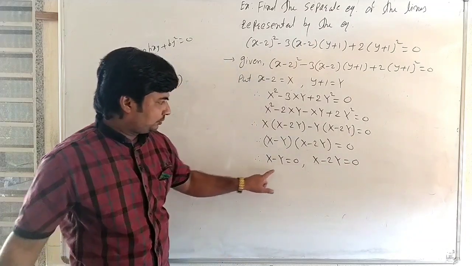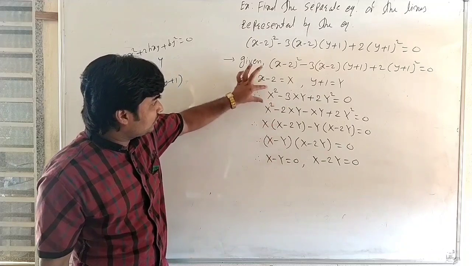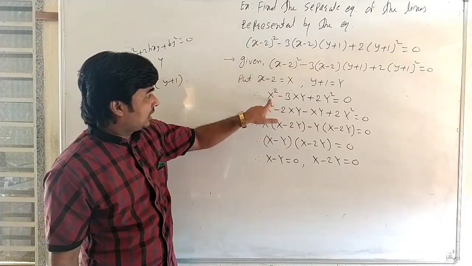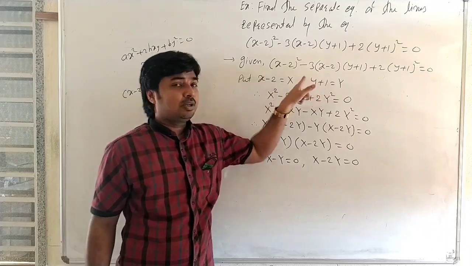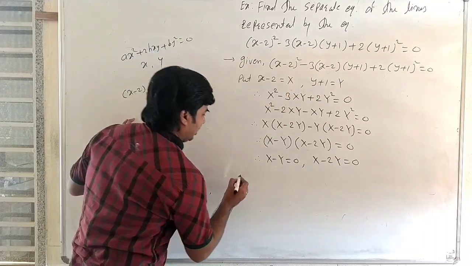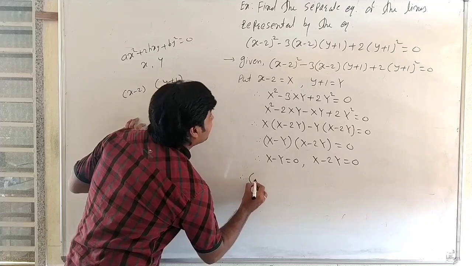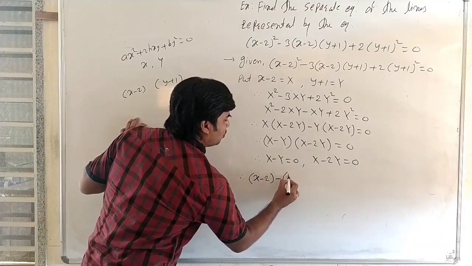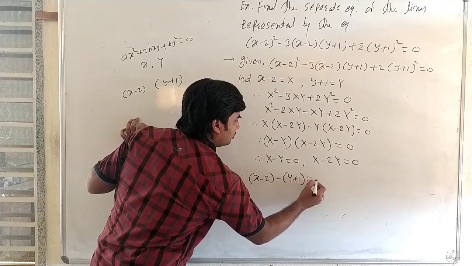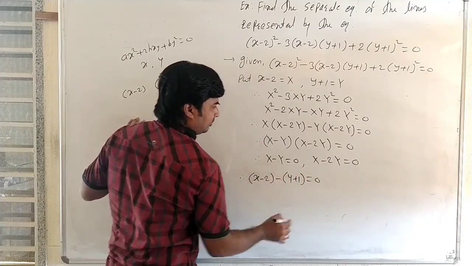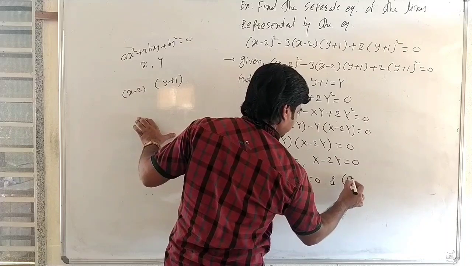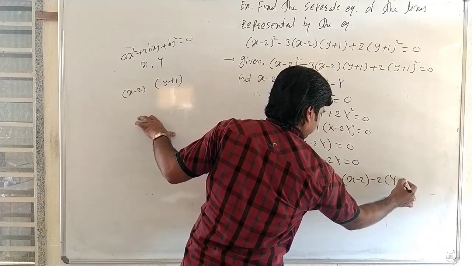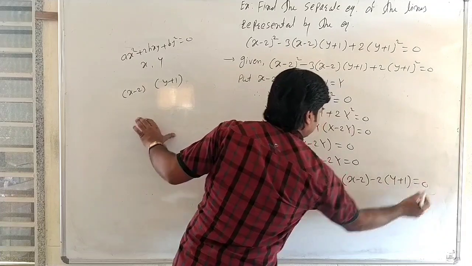Okay. Now, these are the separate equations of this line, but we need to find the separate equations in x and y. Therefore, capital X is equal to x minus 2 and capital Y is equal to y plus 1. Therefore, we can write x minus 2 minus (y plus 1) is equal to 0 and x minus 2 minus 2 into (y plus 1) equal to 0.